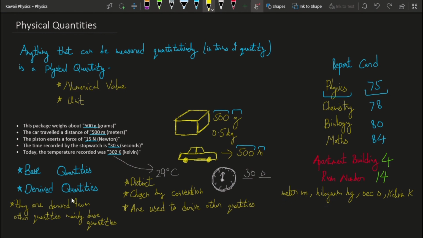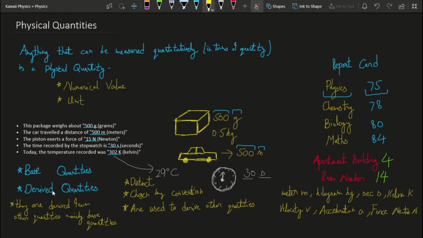Derived quantities: you have velocity, acceleration, and force, which you calculate in newtons, N.